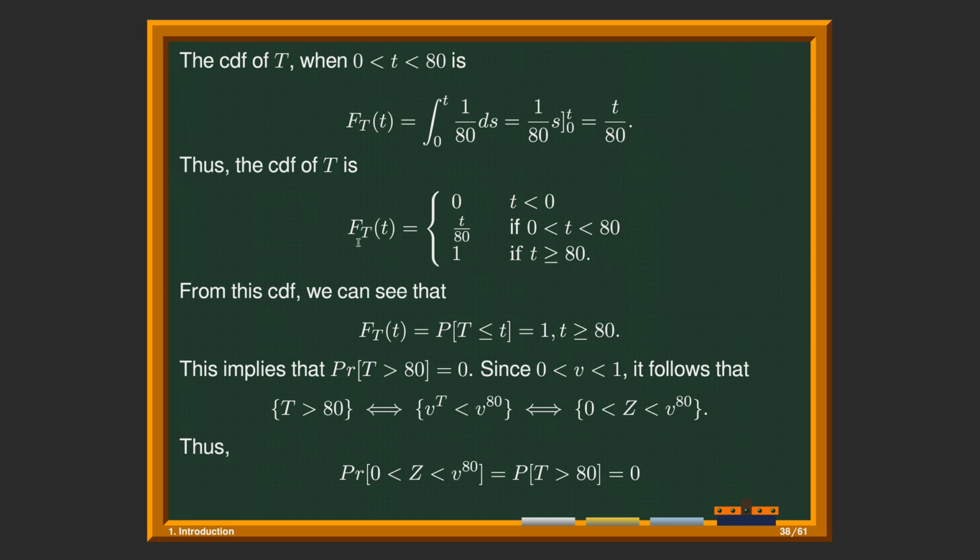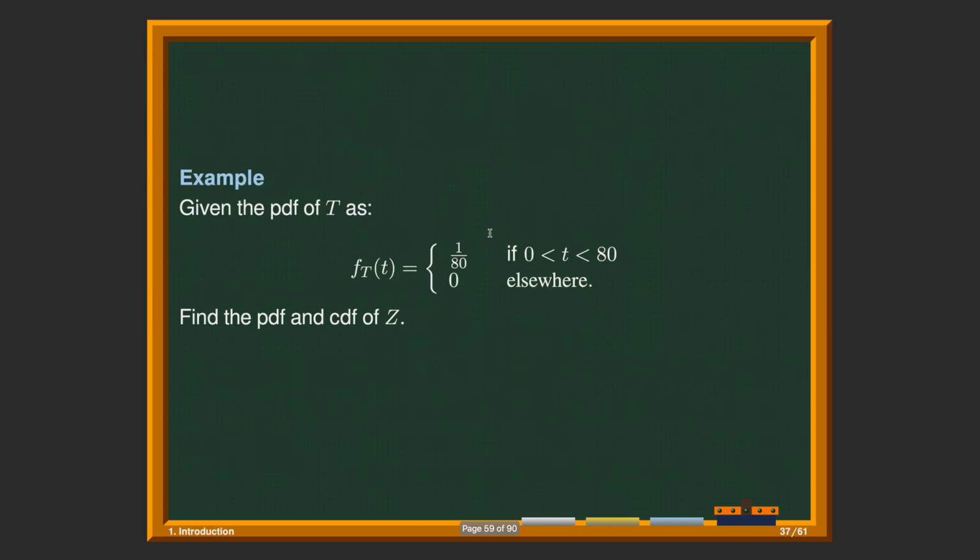So the CDF of t, given the PDF earlier, is 0 whenever t is less than 0. It's t over 80 whenever t is from 0 to 80, and 1 whenever t is greater than or equal to 80. Anyway, this also follows from the fact that the given PDF earlier is the PDF of a uniform distribution on the interval from 0 to 80.